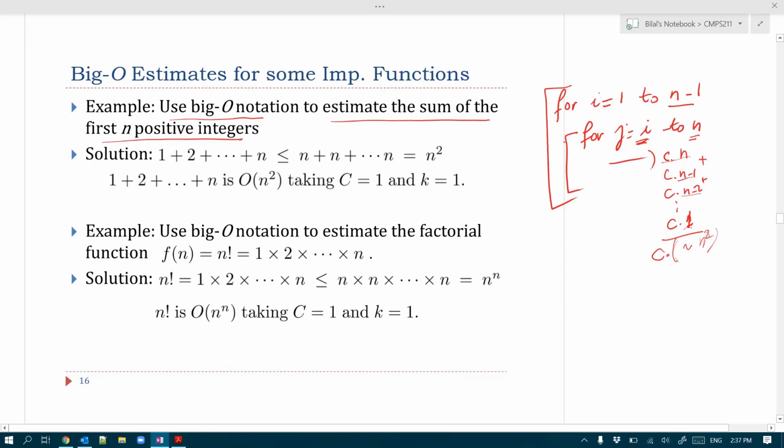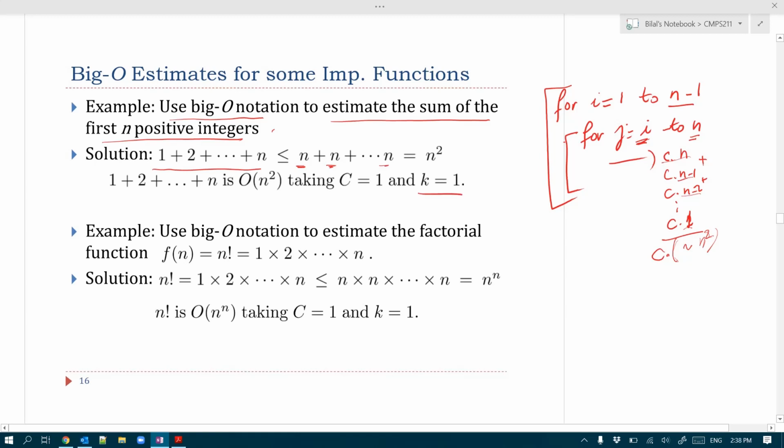So to show that the summation of the first n positive integers is big O of n squared, it's sufficient to apply this trick. We can replace every term here by n, and this is true for every n greater than 1, for k equal to 1.